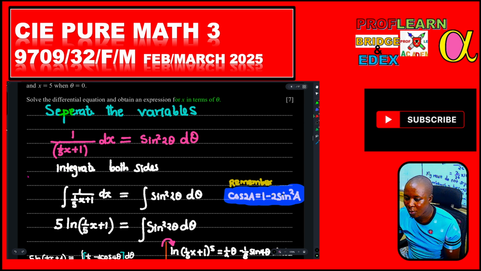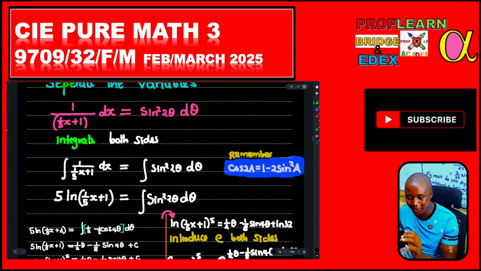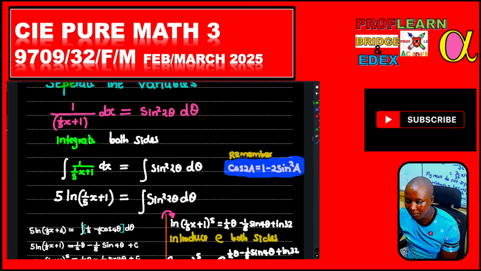How do you integrate this? Since this is a fraction, we are going to introduce natural log, ln, on both sides. When you integrate this part, because it's a fraction, we introduce ln of whatever we have here.